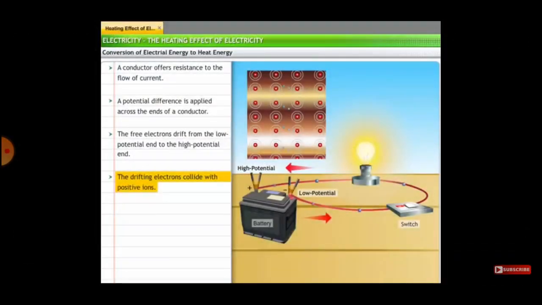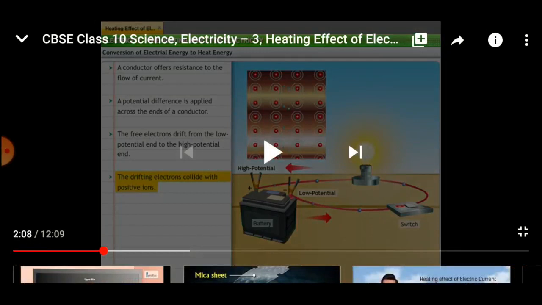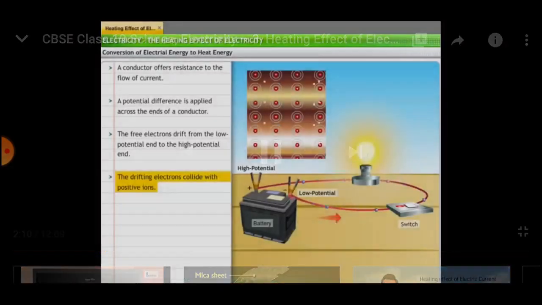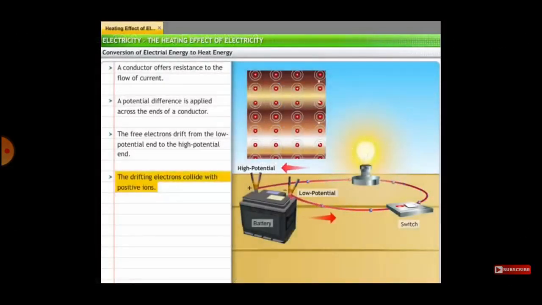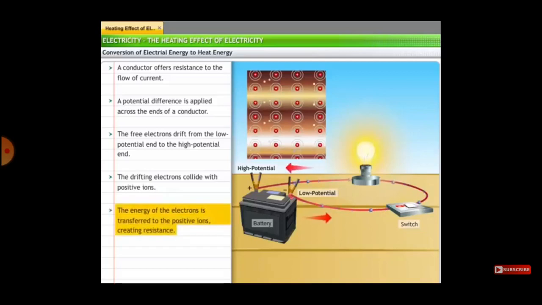Those immobile positive ions oppose the motion of the electron. So the electron collides with the positive ions and converts its energy into heat energy. So we can define that the work done in opposing the resistance of the conductor is liberated as electrical energy, heat energy, in the circuit.